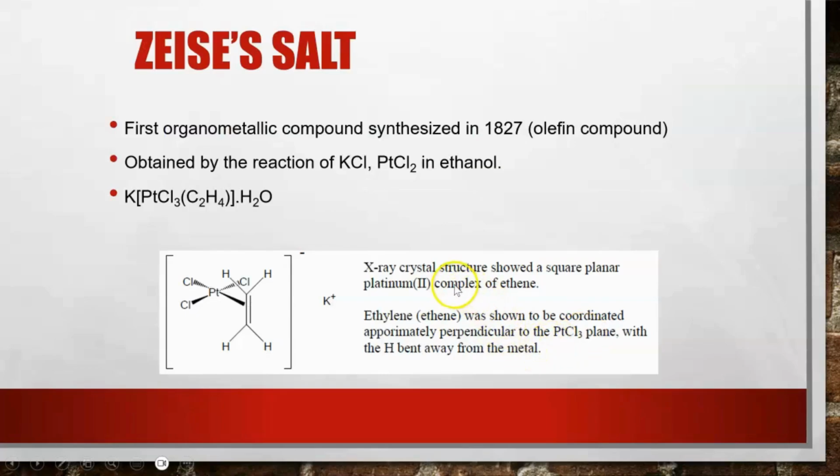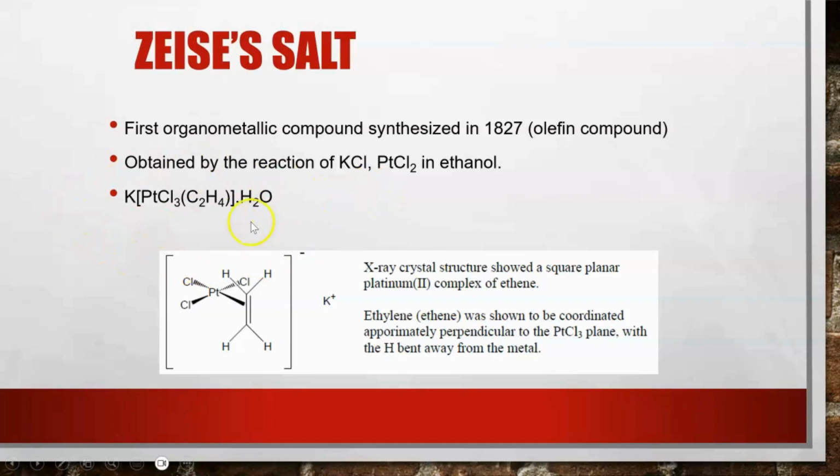Okay, so we have an example here of an olefin complex, where we have a metal center bonded with ethene. The example is this salt. This salt is the first organometallic compound synthesized, in 1827, and it is called an olefin compound. It can be obtained by reaction of KCl and PtCl2 in ethanol.